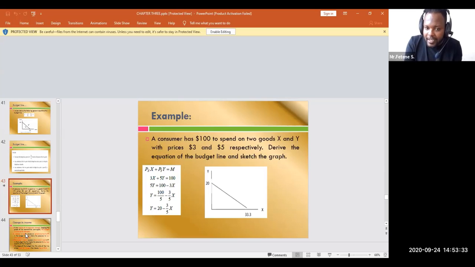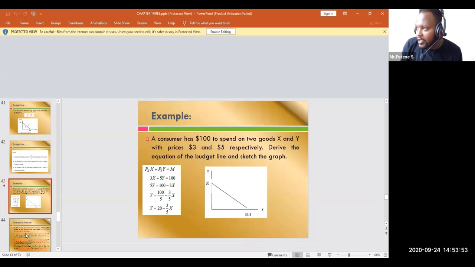In this case we have $100 to spend on commodities x and y. The market price of x is $3 and y is $5.